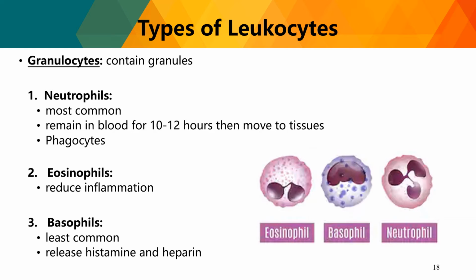And then next, we have your eosinophils. They are usually present when there's inflammation, so their function is to reduce them. And then you have the basophils, which are the least common, and they release histamine and heparin.